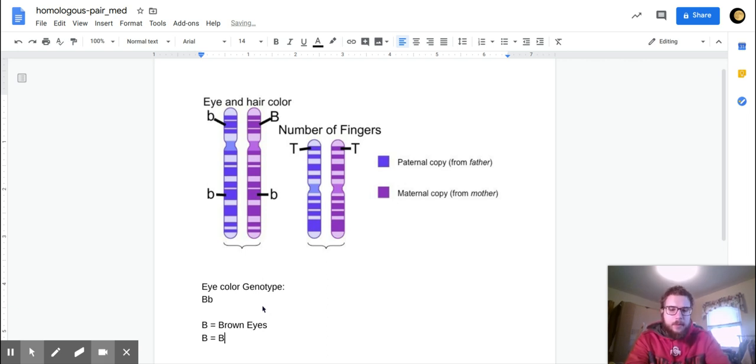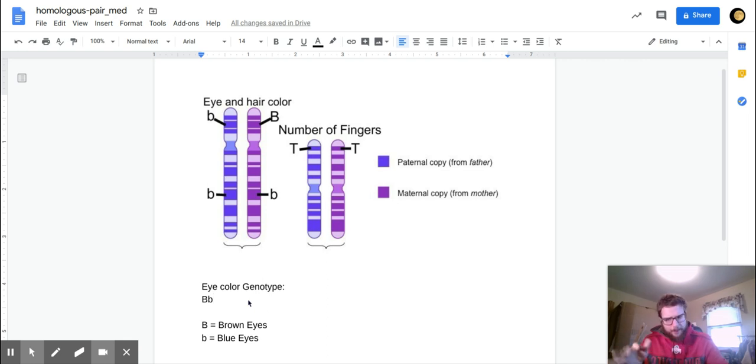Let me make that capital. We want little b. There we go. Okay, so this is actually true. In humans, brown eyes is a dominant trait. That's why we write it as the big B. And then blue eyes is a recessive trait, and that's why we write it as the little b.